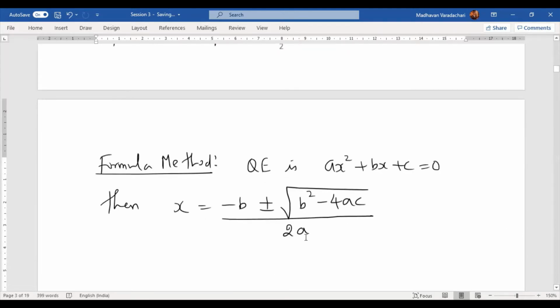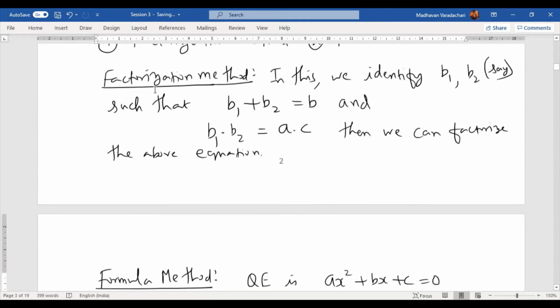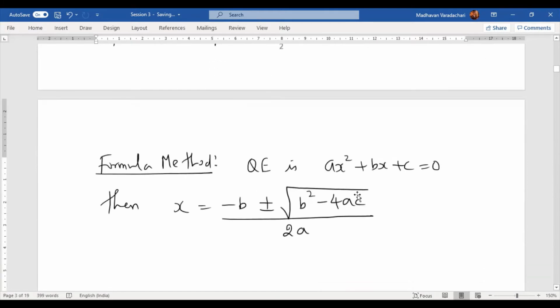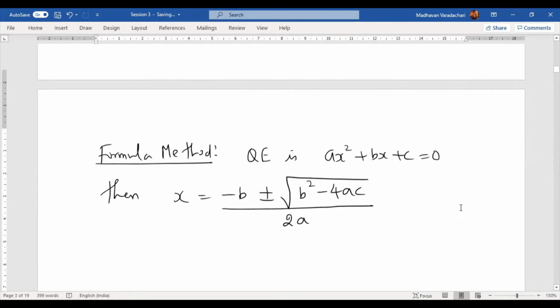So if we apply the formula, we will be able to find the values of x. Here also after factorizing the equation, we can find out the values of x. Anyway, once we take some question and then do it, it will be much more clearer as far as factorization method is concerned. Here, it is straight away application of this formula, a, b, c into this particular formula to get the values of x.